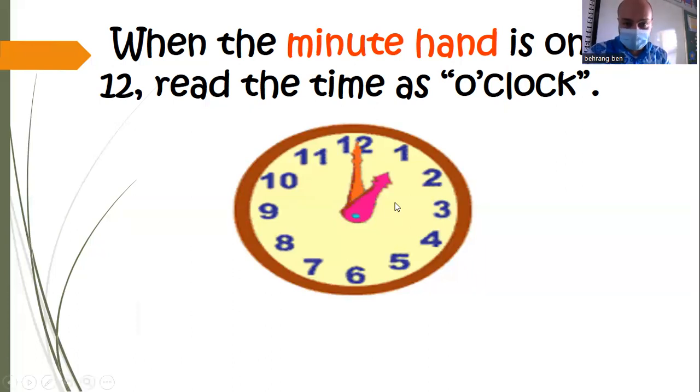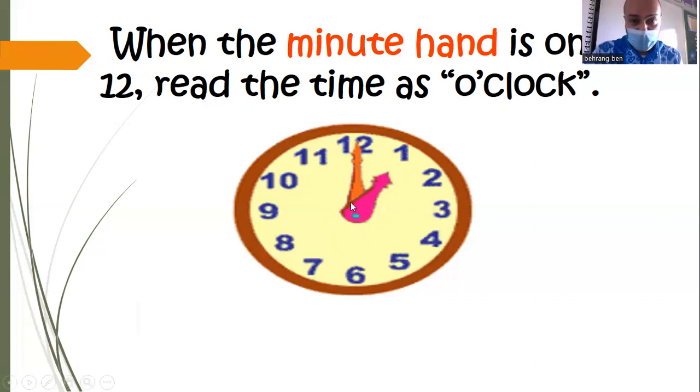For example, look at the picture here. I'm showing you the picture. The short hand of the clock is on 1. So the time is 1. The time is 1.